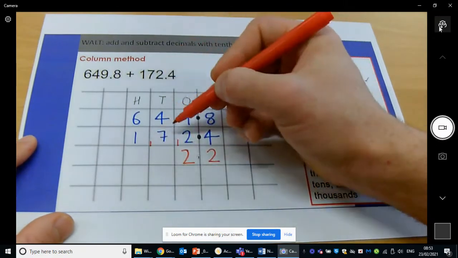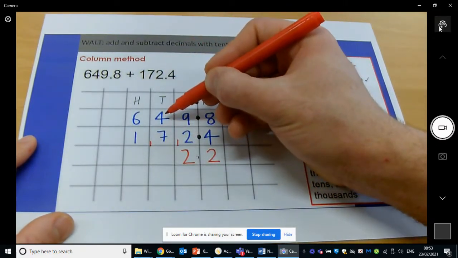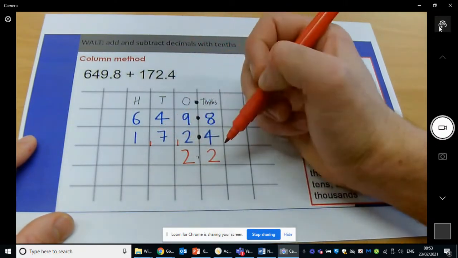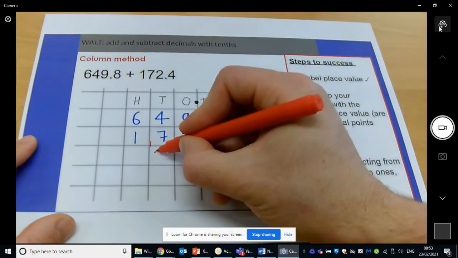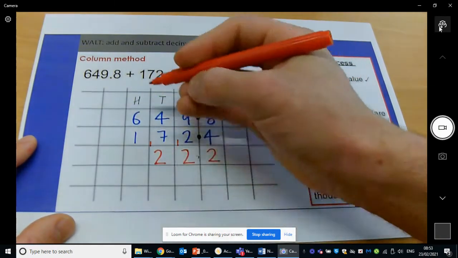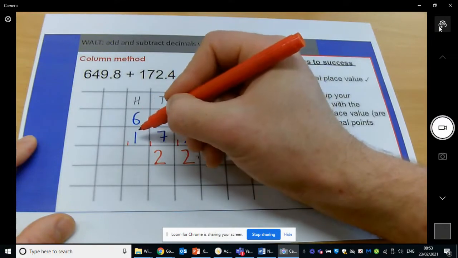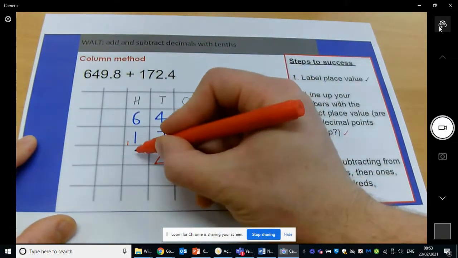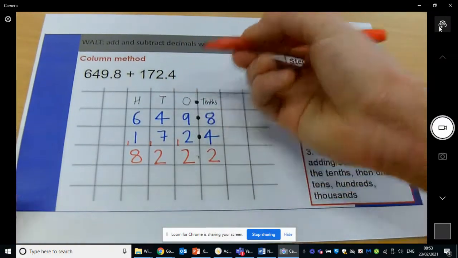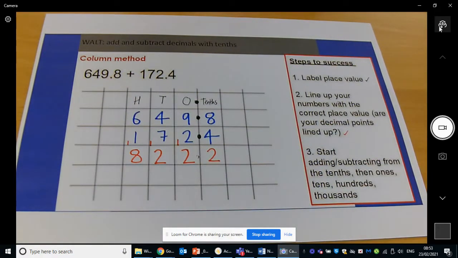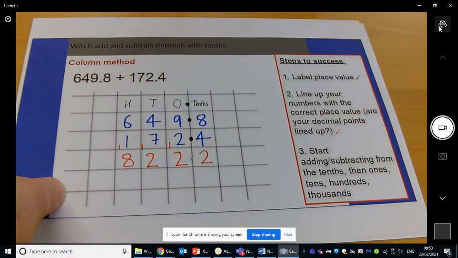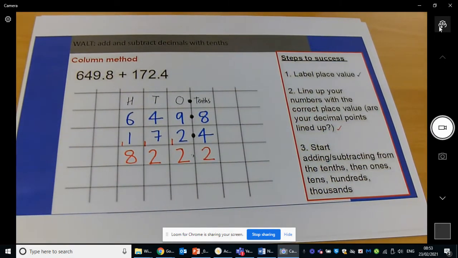Carry the 1 across. 7 plus 4 is 11, plus the 1 is 12. And then 6 plus 1 is 8. So 8,222.